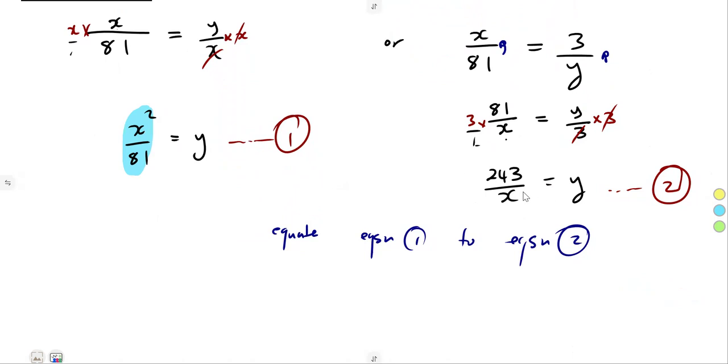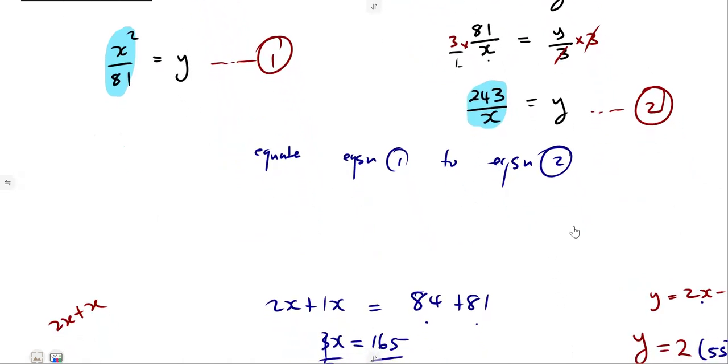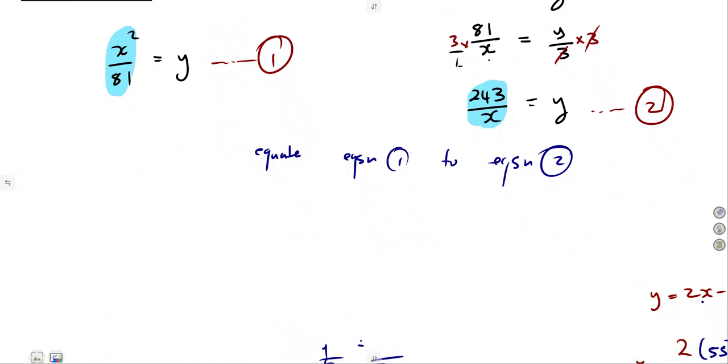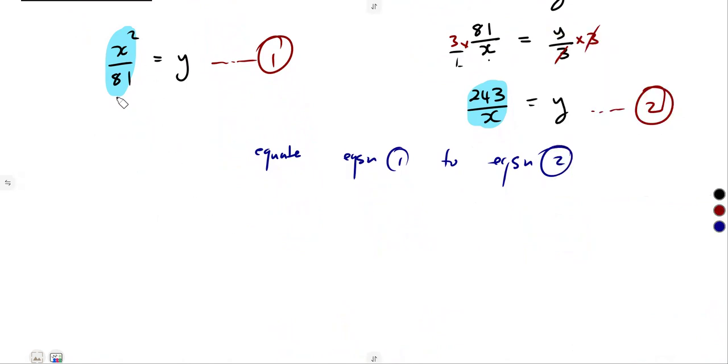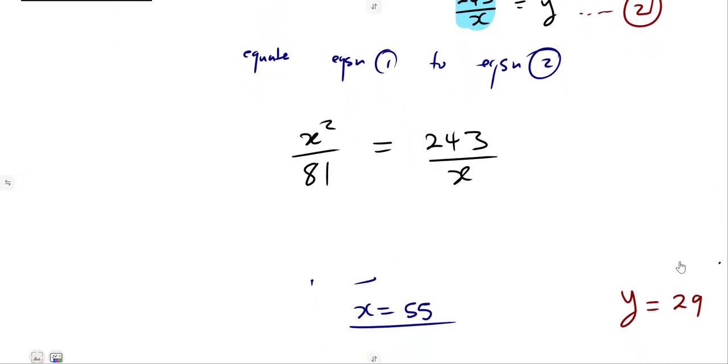And where y is the subject here, 243 over x. They represent the same thing, those two. So if they represent the same thing, simply equate them. So x squared over 81 must be equal to 243 over x.